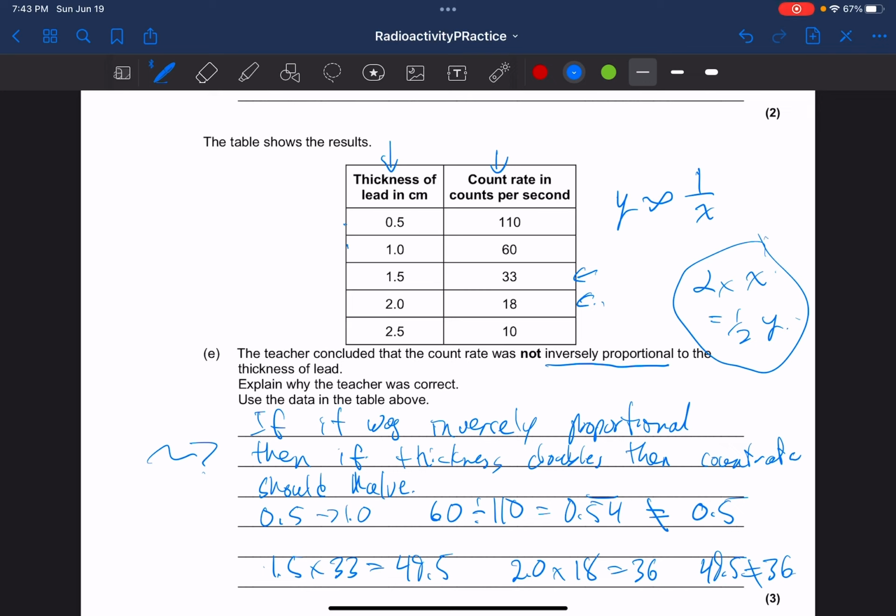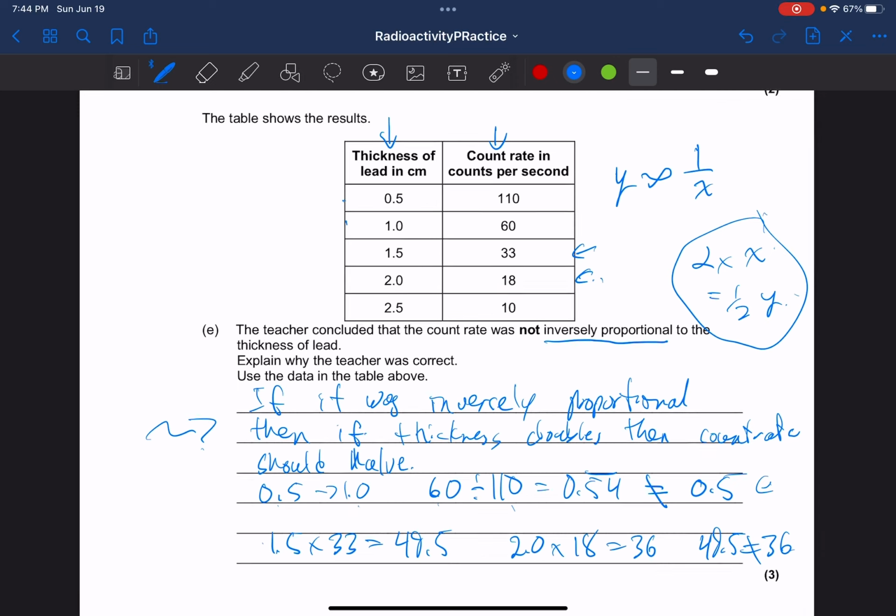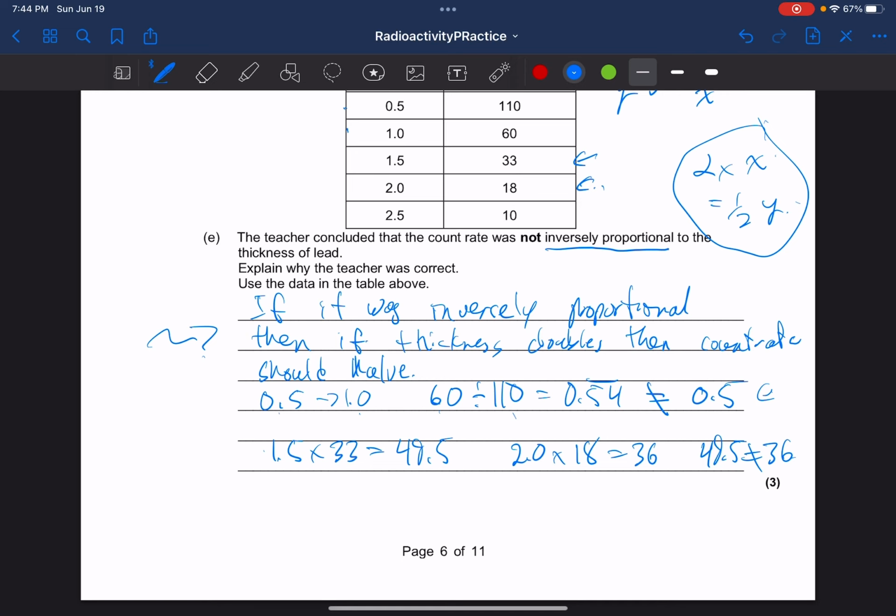What they would be looking for is an acknowledgement of the method that you're using. If you're using the half method, you get a mark basically for the statement and a mark for figuring out what is doubling the thickness and then proving that it's not halving the radiation. So that is that part of the question.